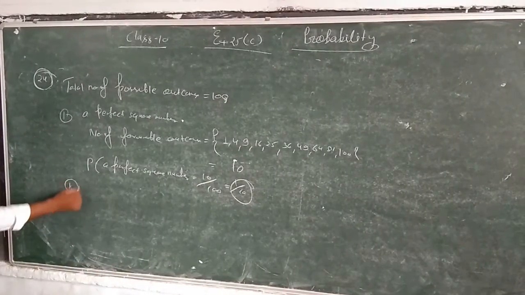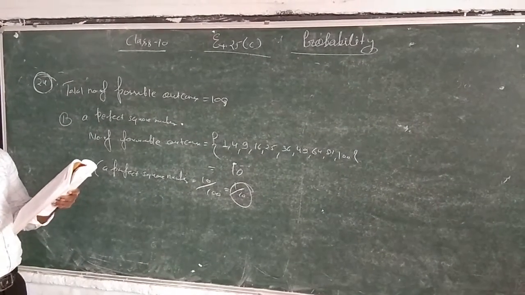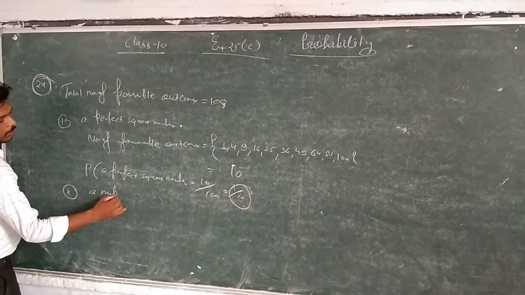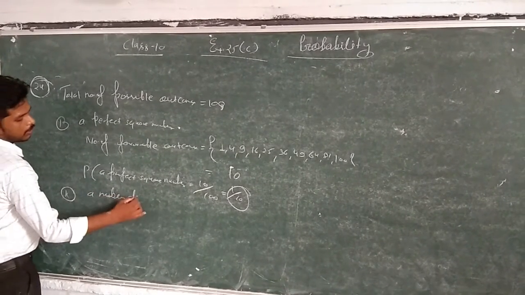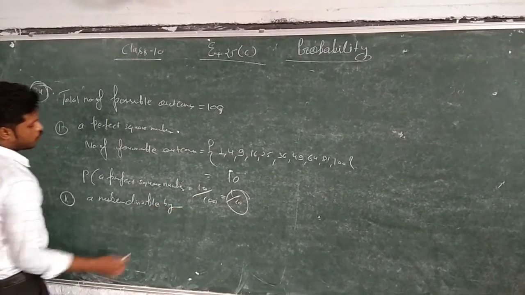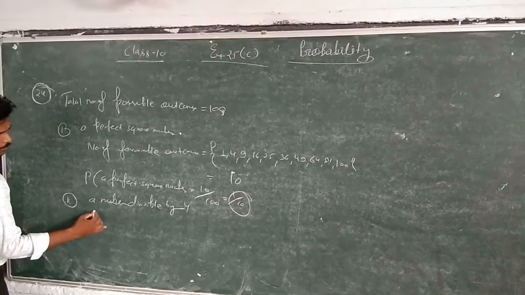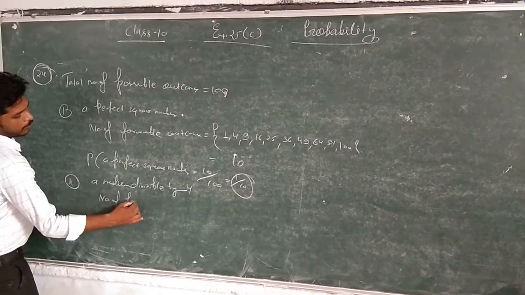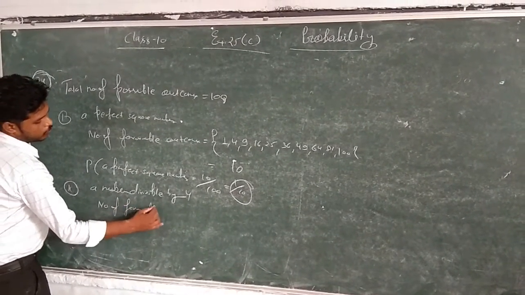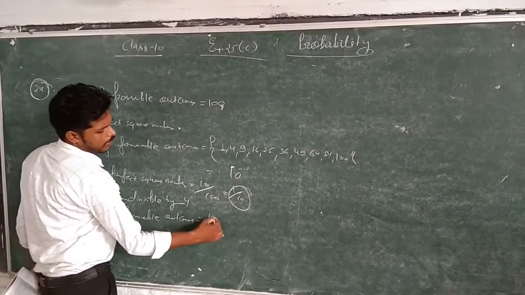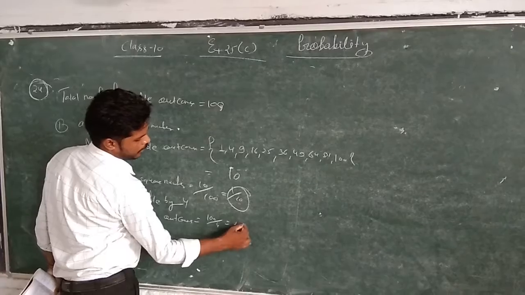Number 2, he is asking to find the probability of a number divisible by 4. Number of favorable outcomes, simply divide 100 by 4, you will get 25 numbers.